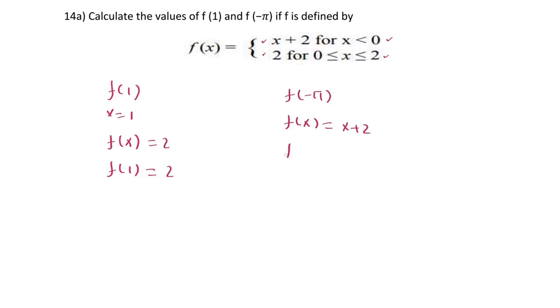Then f(-pi) equals -pi plus 2. Okay, so substituting the value of pi as 3.14, then we are having f(-pi) equals -1.14. Then these are going to be our answers.